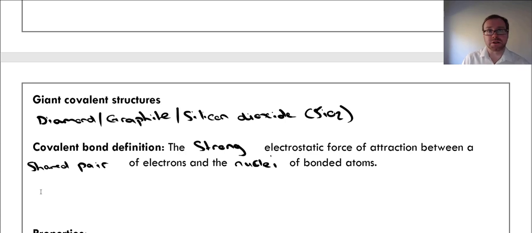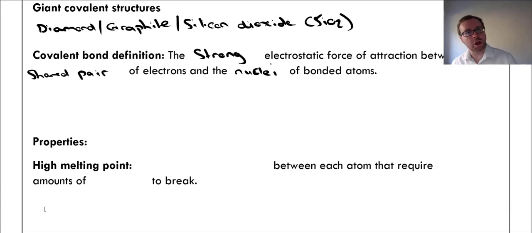It used to be just a shared pair of electrons, but they've updated it now. You might get away with just saying a shared pair of electrons, but we'll stick to the definition they seem to like now.